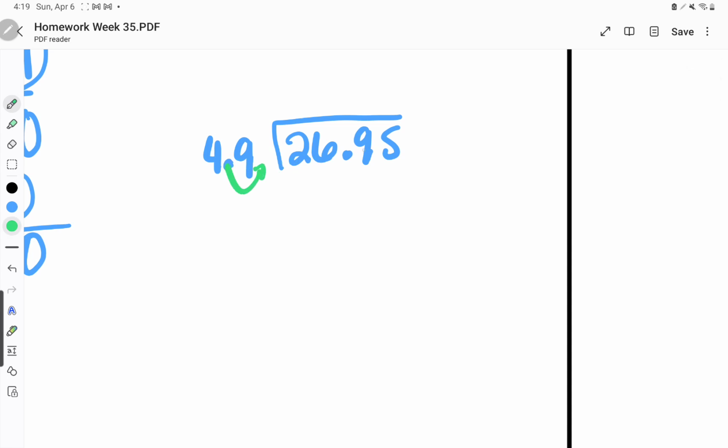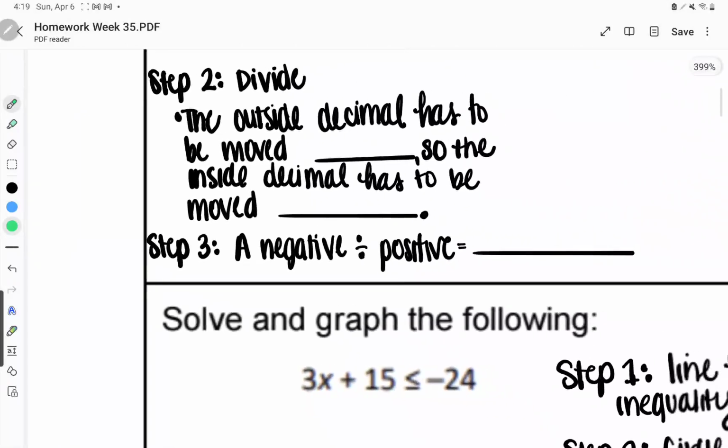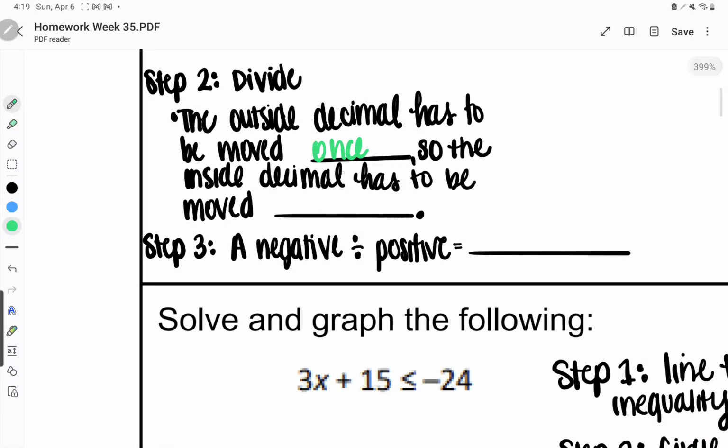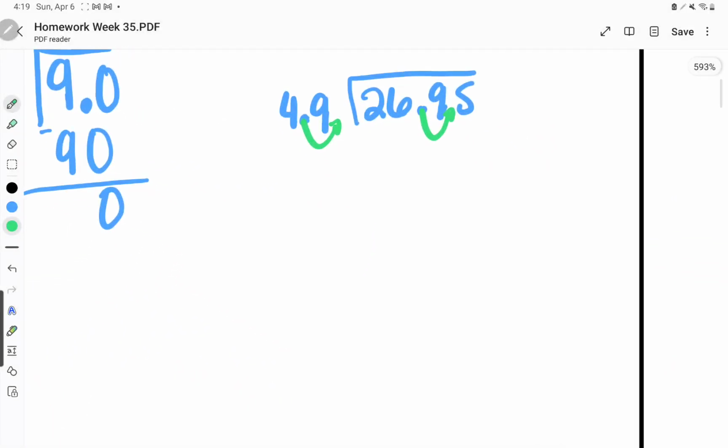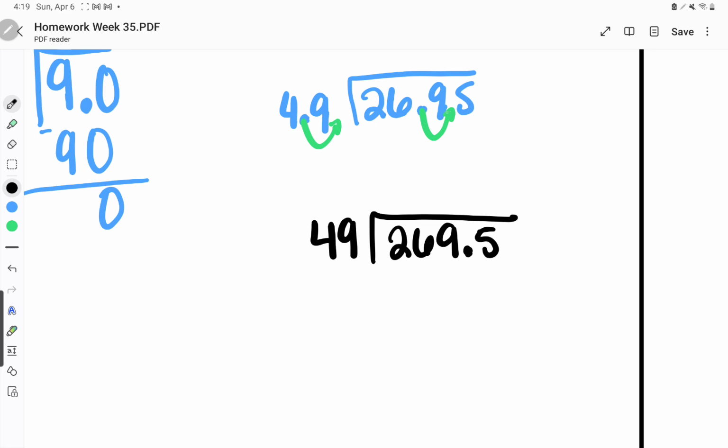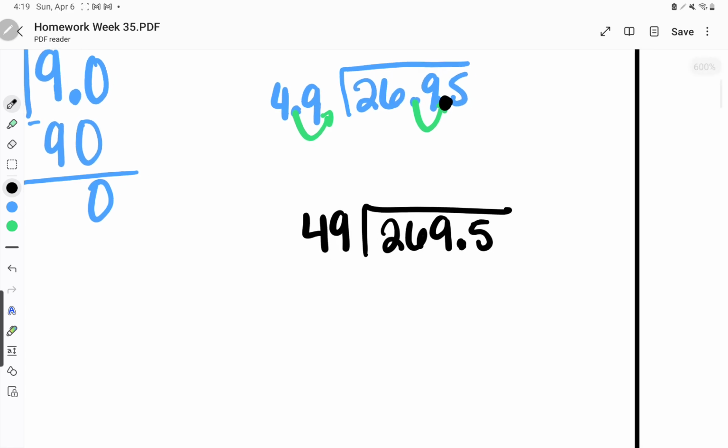So the inside decimal has to be moved once. Okay, so that gives us 49 going into 269.5 because my decimal moved right there.